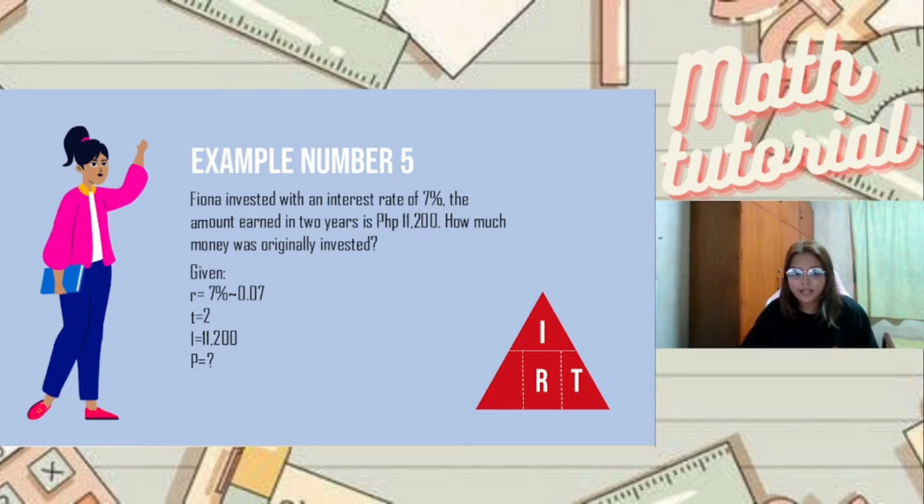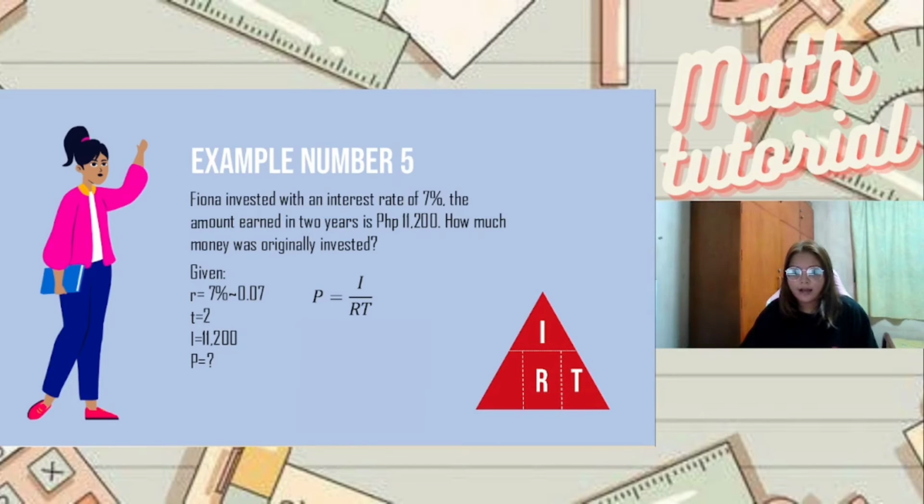So, I divided by rate multiplied by the time. So, again, yung given, isusulat muna natin. 7% divided by 100 is 0.07. Time is 2 years. And the interest is 11,200 pesos. So, ang hinahanap natin ay principal amount. So, gagamitin natin principal equals interest divided by rate times time.